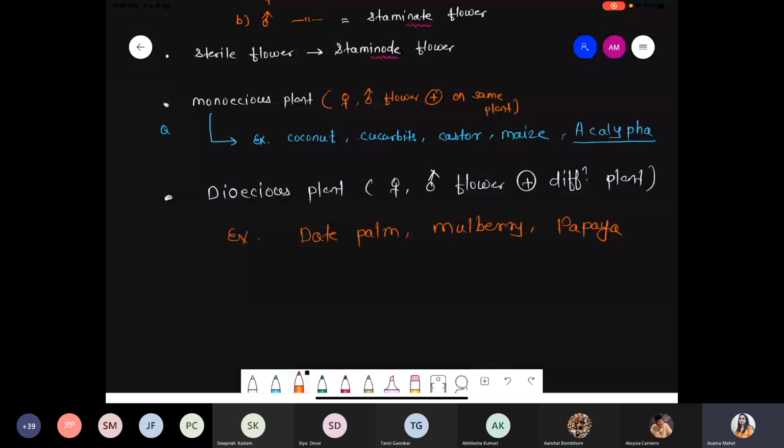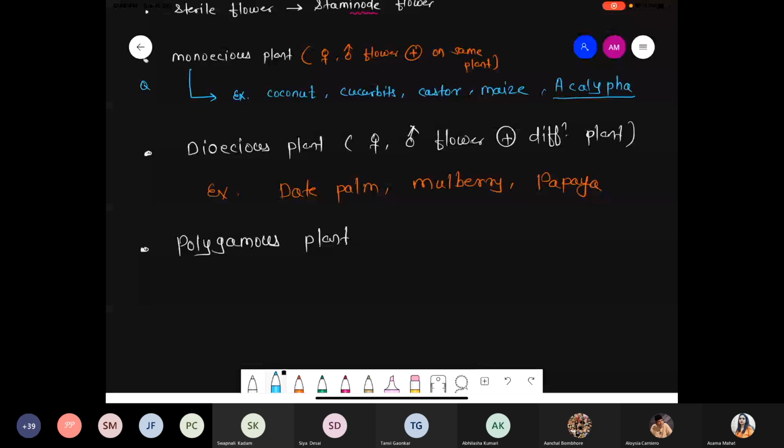Polygamous plants are nothing but plants where female, male, sterile, as well as bisexual flowers, for which I'm using a symbol, all are present on the same plant.